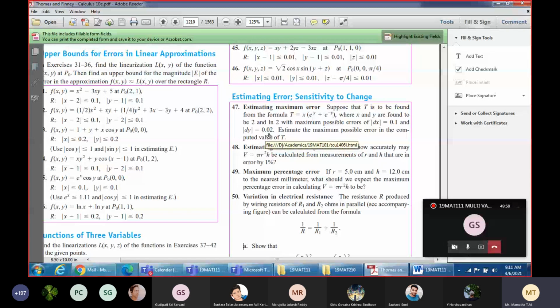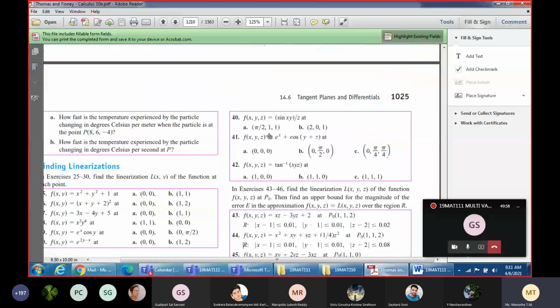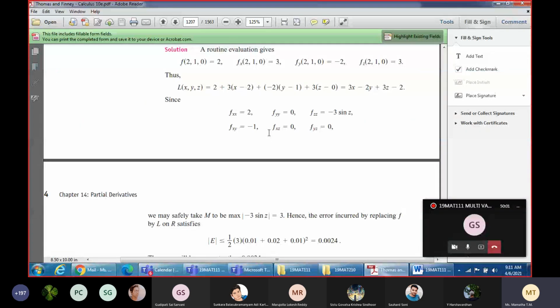Okay. So next we go ahead for functions of 3 variables, linearization.